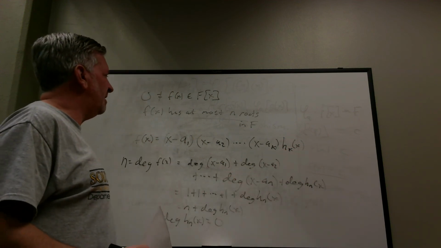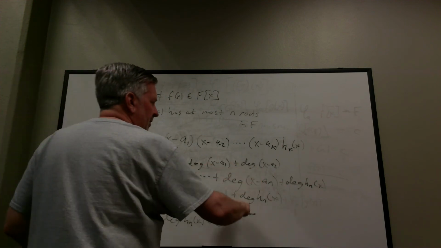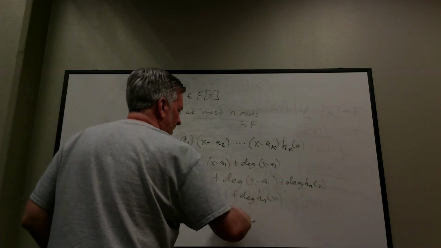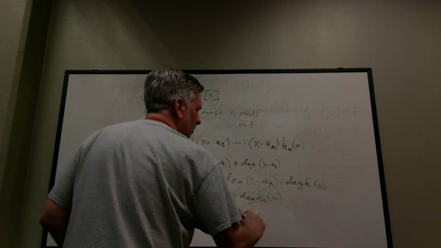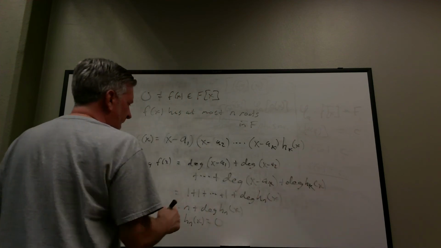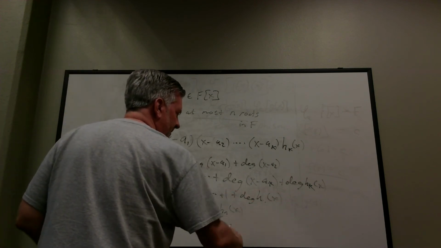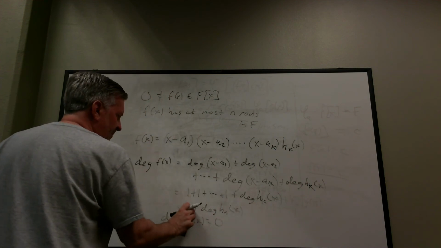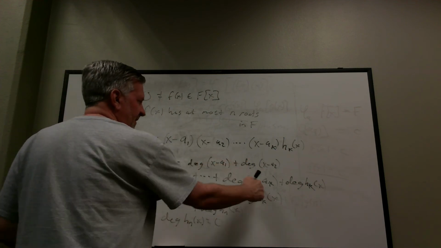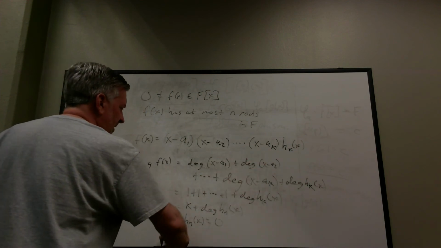Well, if you use the exact same argument here, n is the degree of f still, but here that turns into a k, and that's my new polynomial hk. And you have 1 plus 1 plus 1 plus 1 plus the degree of hk. But how many of these are there? Well, there are k of them now. I'm assuming we only found k linear factors. So we have k plus the degree of that.